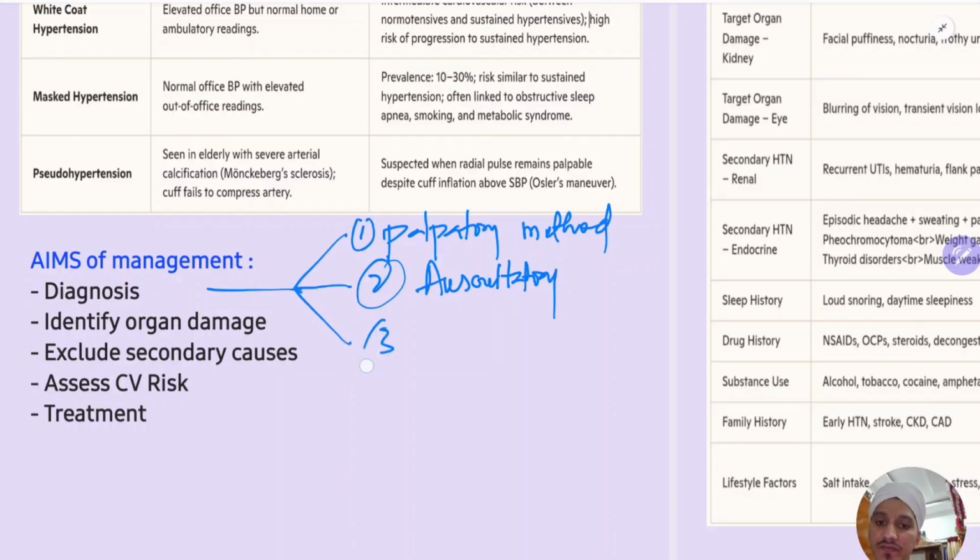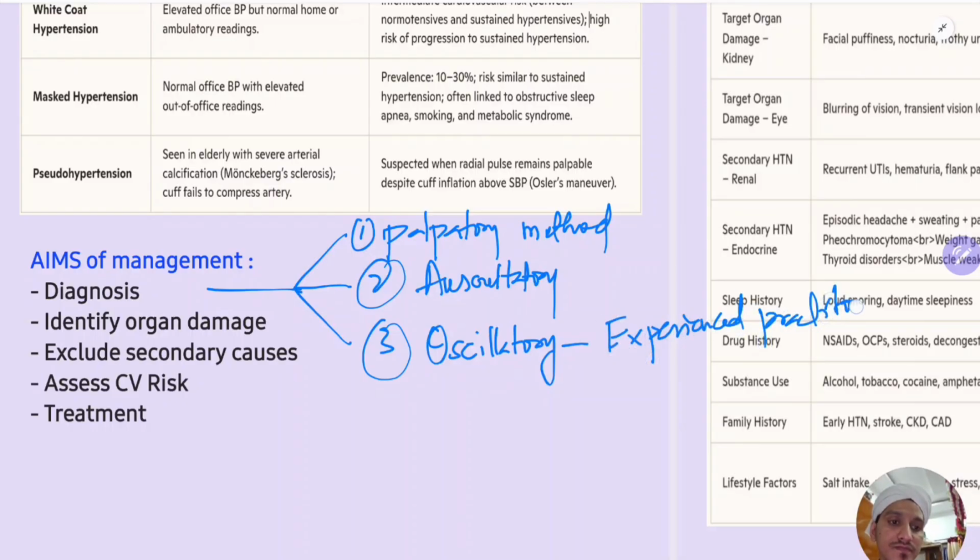And number three is the oscillatory method, which is not very much used but used by experienced practitioners. This oscillatory method is the method which is used in the automated BP machines.